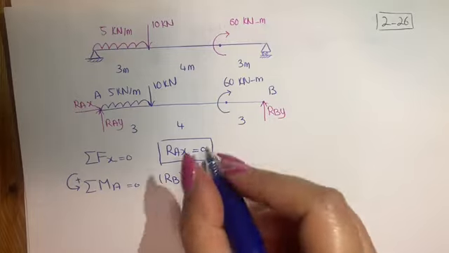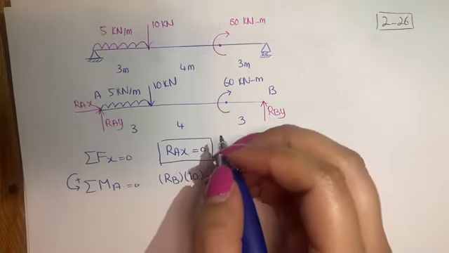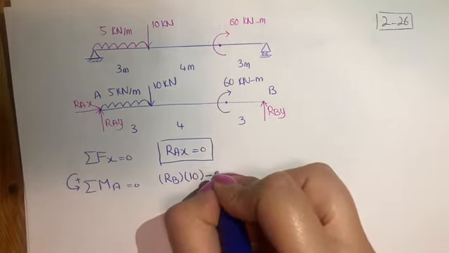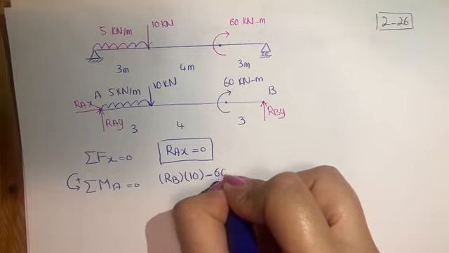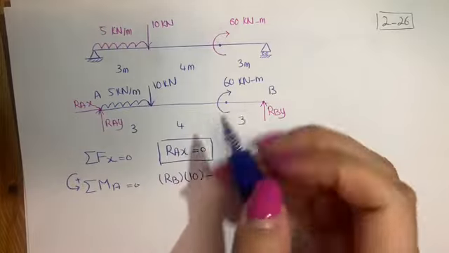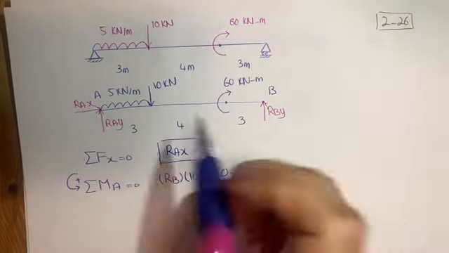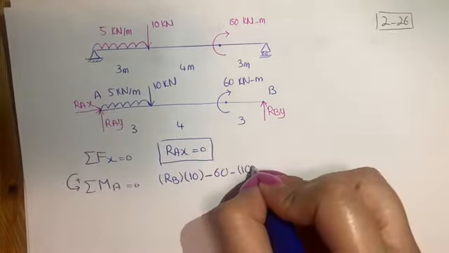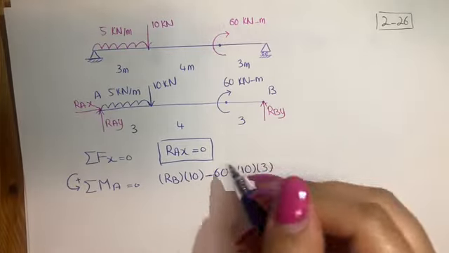It is negative because it is opposite the positive direction, so minus 60, minus the moment created by this force, which is 10 times this distance, which is 3, and it is negative as well.